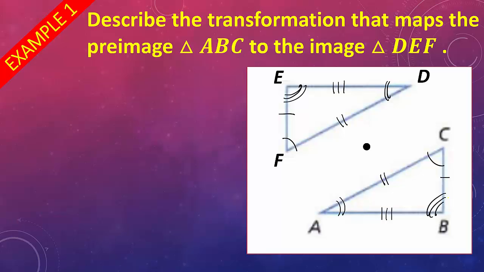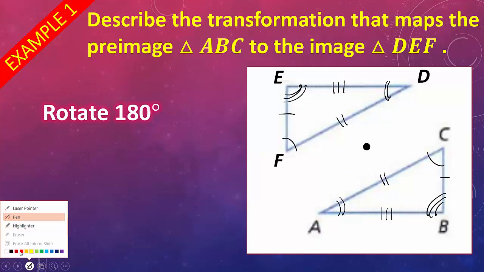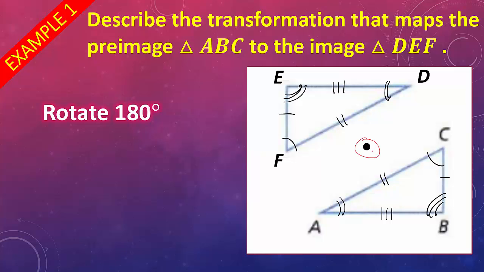All right, so let's look at our first example. We have two triangles here, ABC and DEF. And we want to describe the transformation that maps the pre-image of triangle ABC to the image of triangle DEF. So if we look, this has been rotated 100 degrees, and specifically it's been rotated 100 degrees about this point right here.